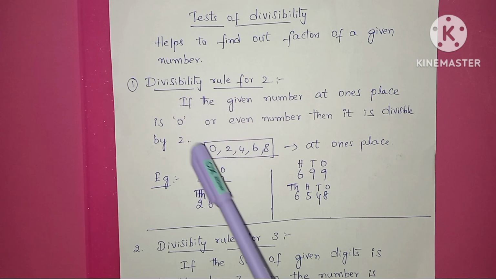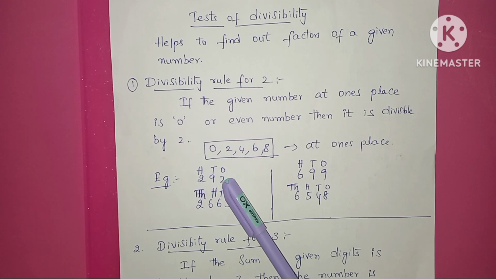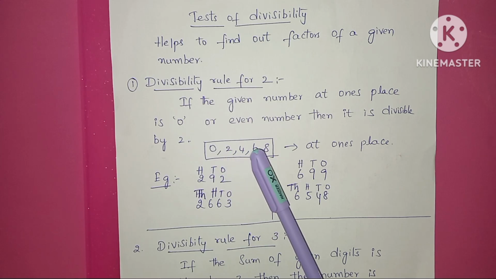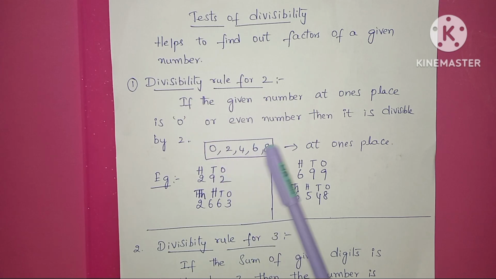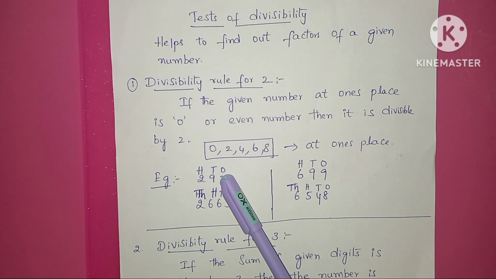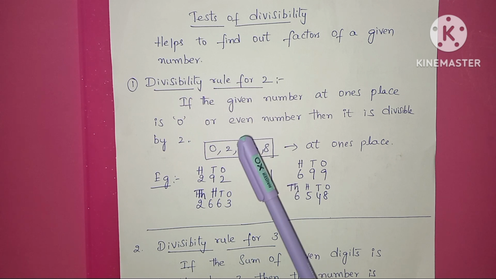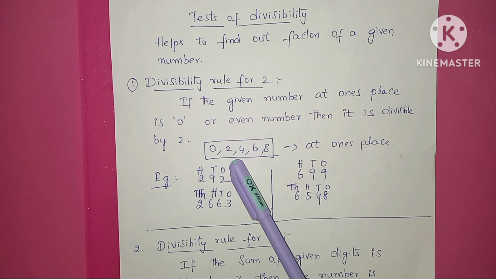So you have to keep in mind the digit in the ones place of a given number. If it is 0, 2, 4, 6 or 8, the given number is known to be divisible by 2.